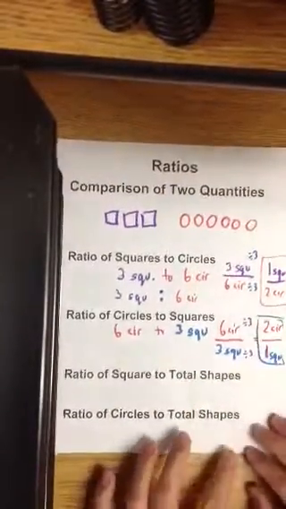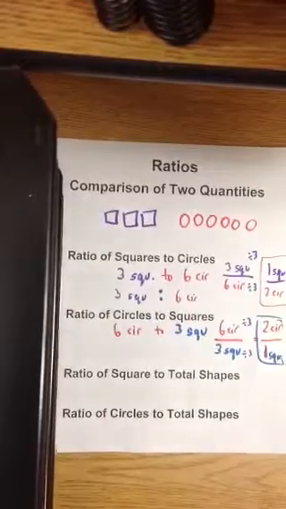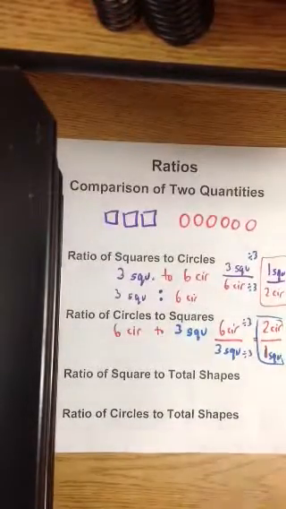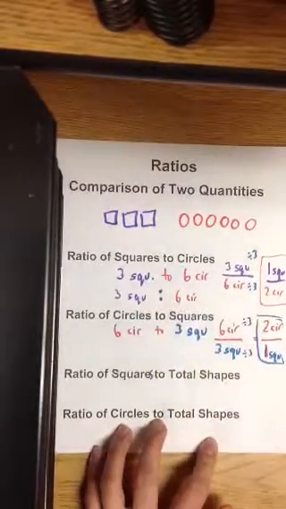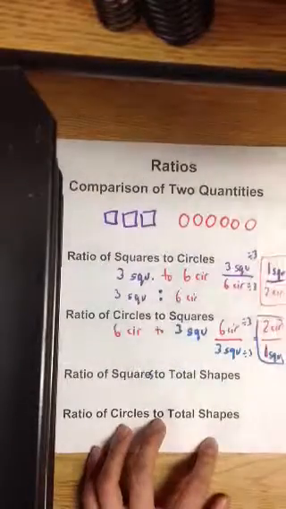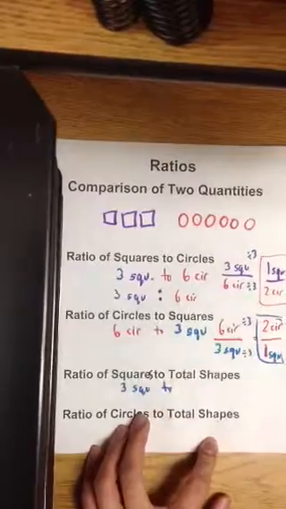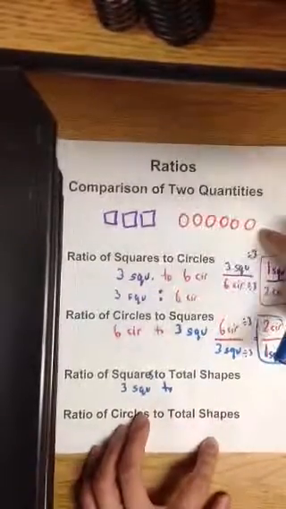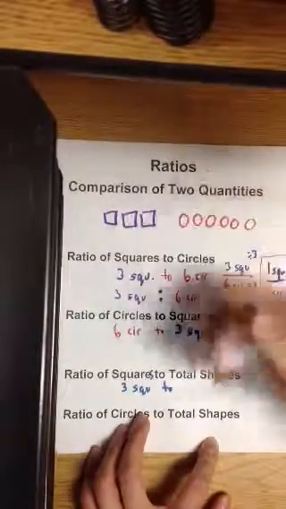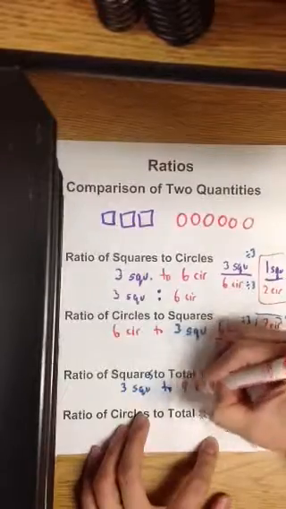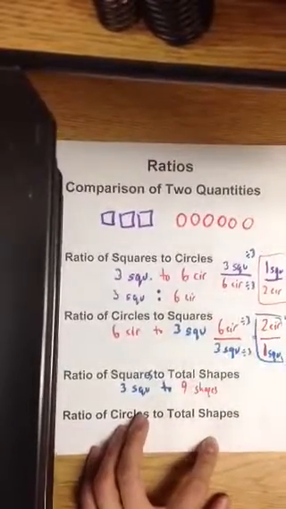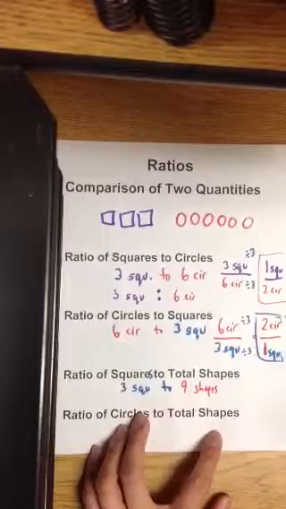Our next one is find a ratio of squares to total shapes. Whoops, forgot this. Squares to total shapes. So how many squares do you see? I see 3 squares to the total shapes. 1, 2, 3, 4, 5, 6, 7, 8, 9 shapes. Can you write this as a fraction?